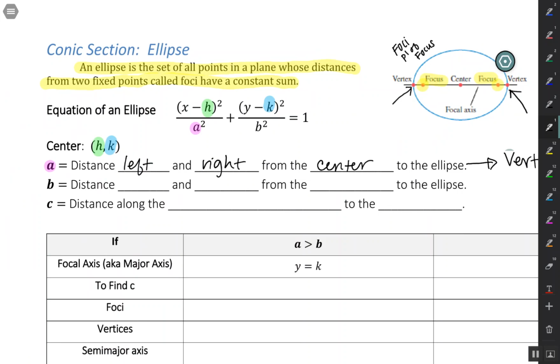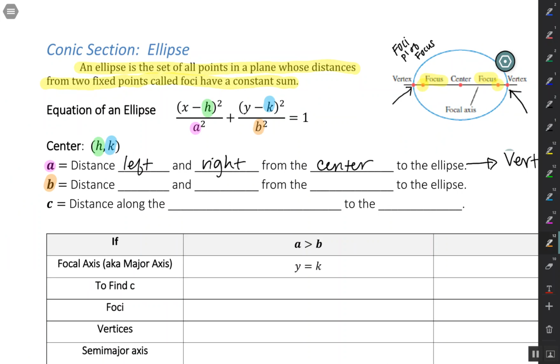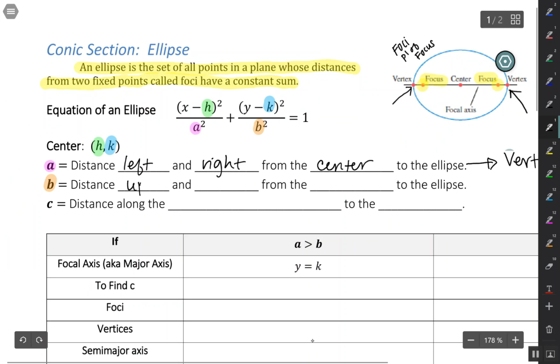Okay, b squared is a number underneath (y minus k) squared. And think b is under the y. Y, like the y-axis, is going to move up and down. So it's the distance up and down from the center to the ellipse.